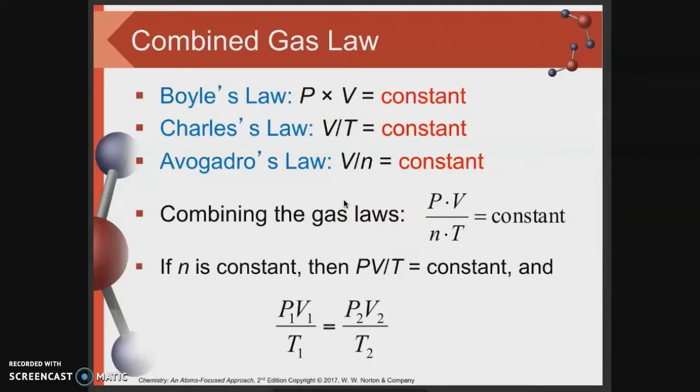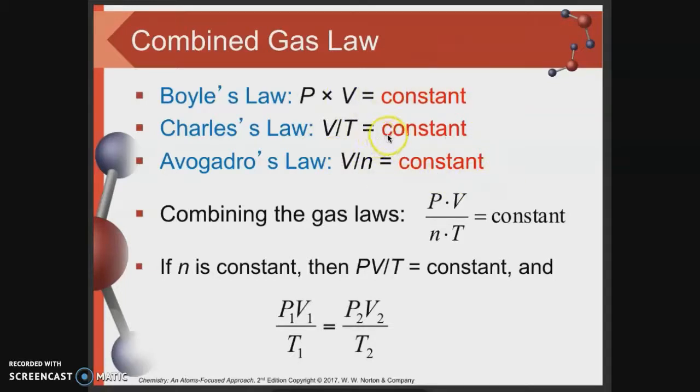Well, luckily, we know that all of these things are related to each other. Pressure, volume, temperature, amount of gas, they're all interrelated. And so instead of looking at each one of these individually, what we need to recognize is that each one of them is telling us that if we have things held constant, the product or the ratio of the variables leads to a constant value.